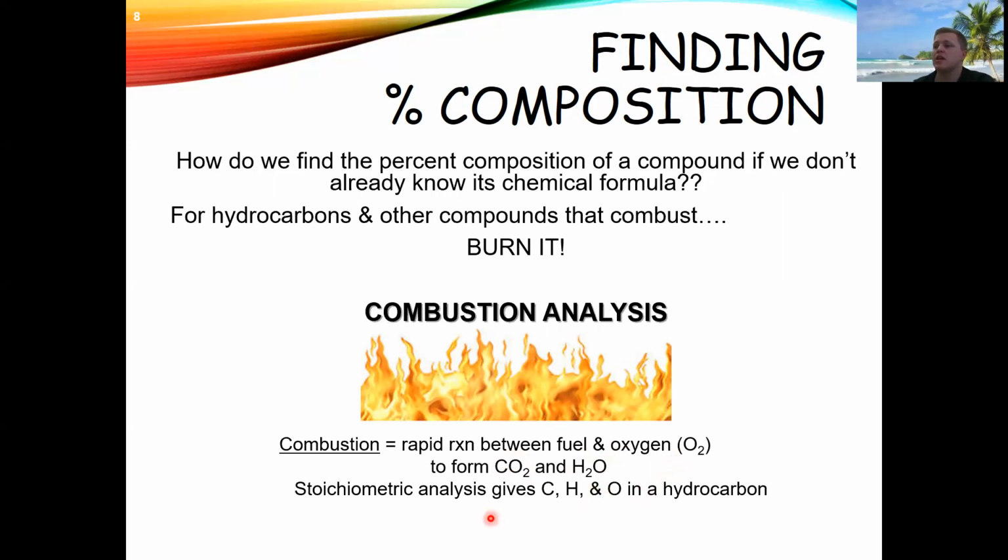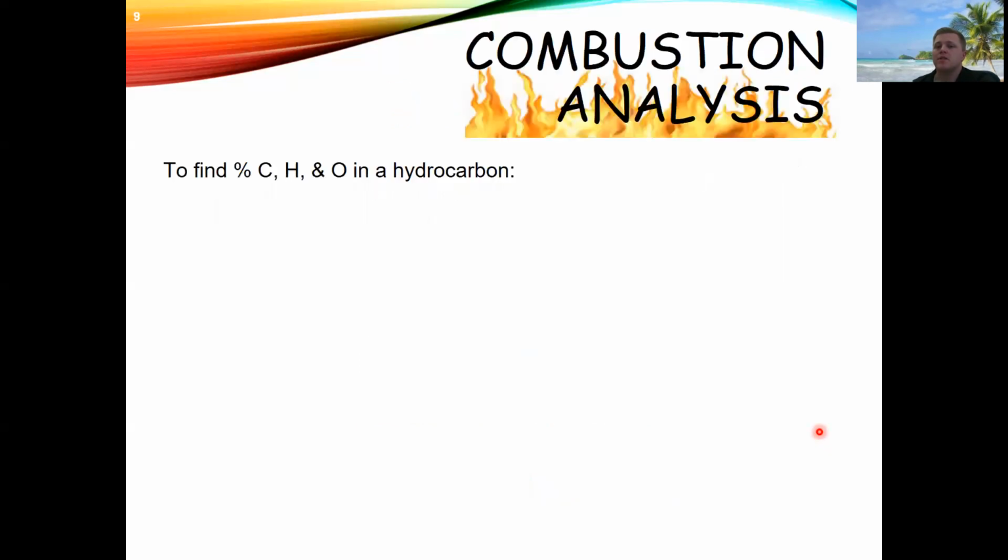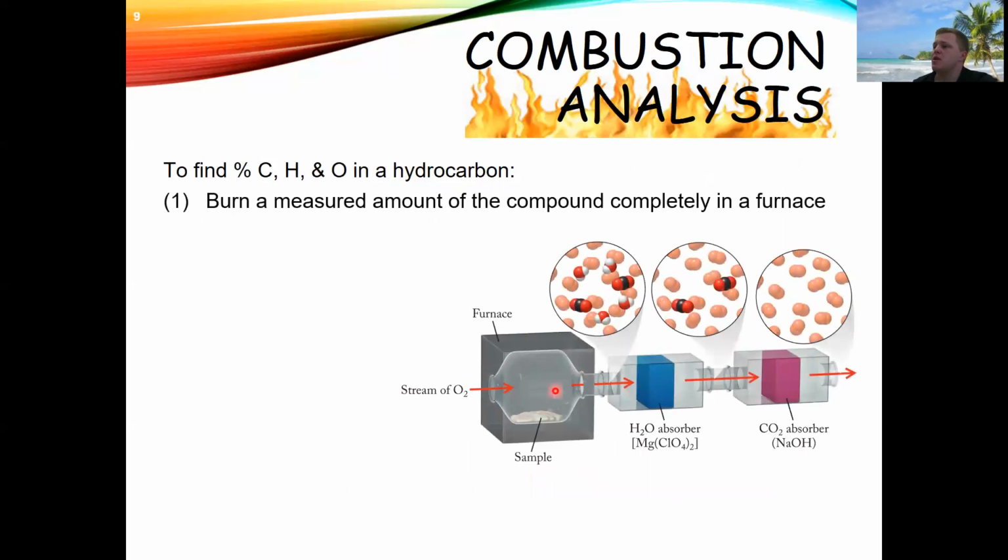And then we can look at the ratios of carbon, hydrogen, and oxygen in our products to figure out the percent composition. So specifically what that looks like is we have a chamber in here with our sample. We burn that with oxygen flowing through. As it burns, it's going to release CO2 and water, and that is going to flow with the oxygen into these traps.